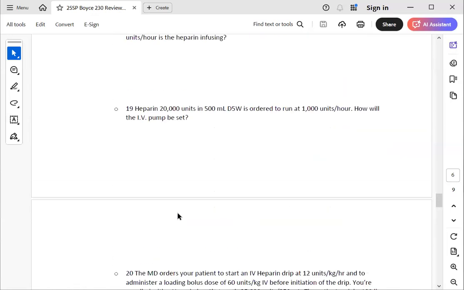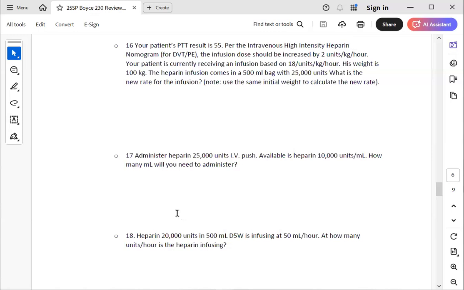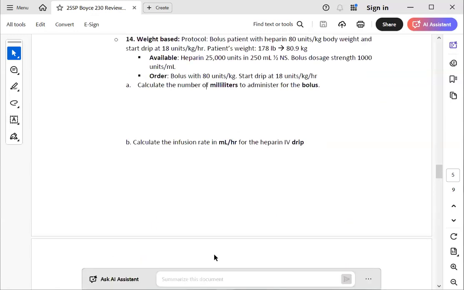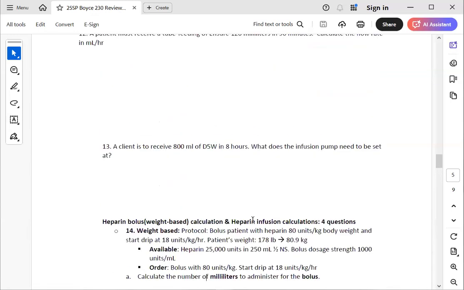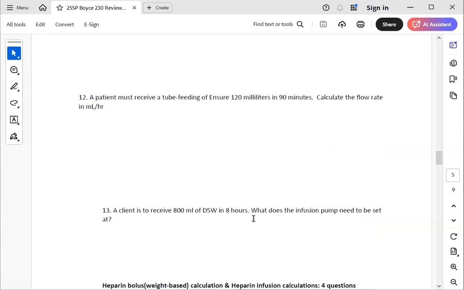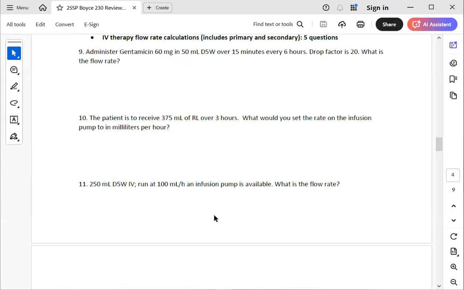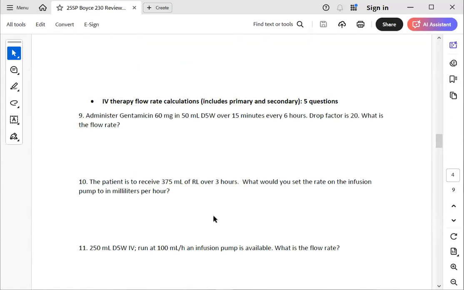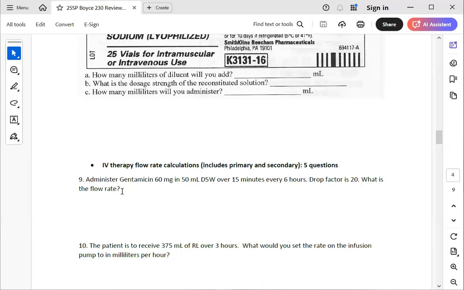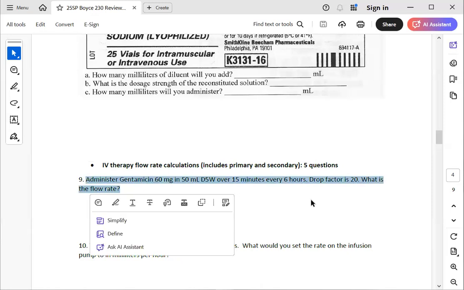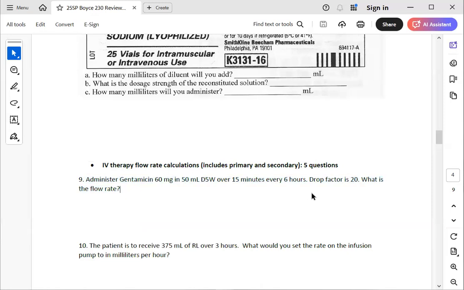I want to do a drop factor one. There we go. So I'm going to do this gentamicin one. This is actually a good one because there's some extra information here that you don't need in order to answer the question.